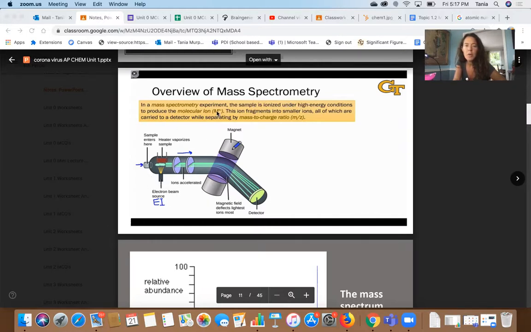In an experiment such as this, a sample is ionized, where it produces ions, so they remove electrons from it to produce positive ions. The ions separate into smaller ions, all of which are carried to a detector. And what this detector here does, I'll go through this in a minute, is give a mass to charge ratio, okay?